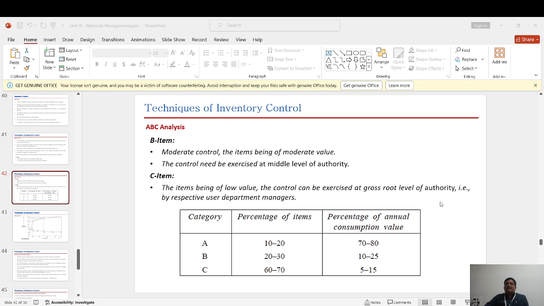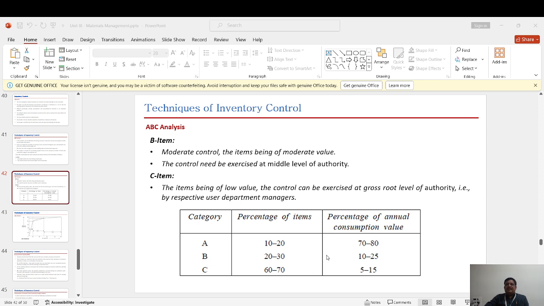The optimal number of orders is equal to D divided by Q0. The optimal order interval T0 is equal to 365 divided by N0 in days.